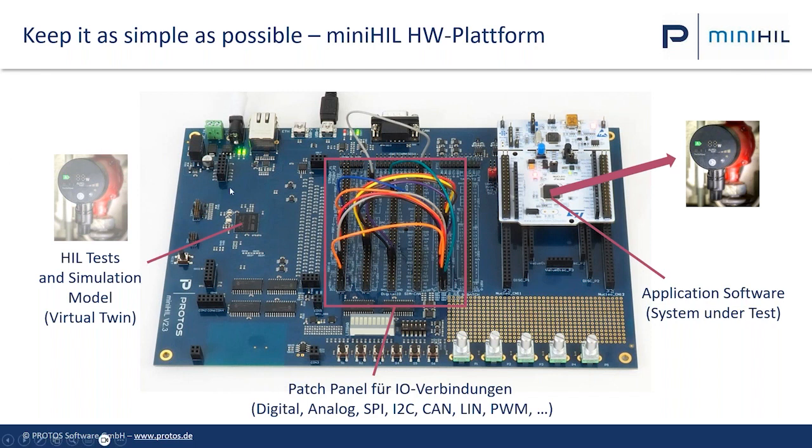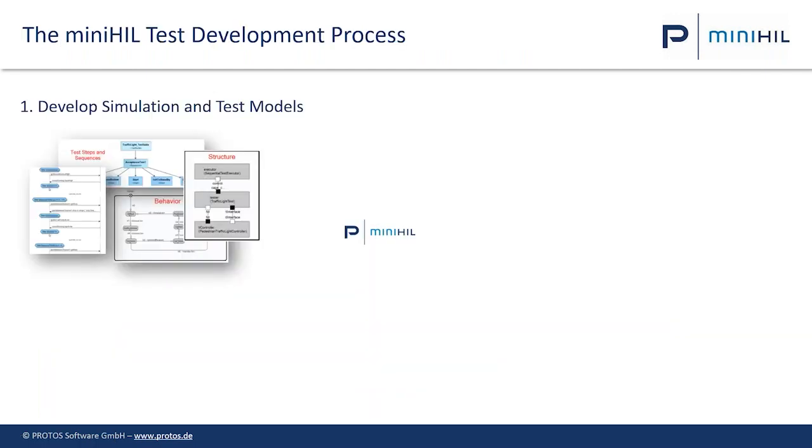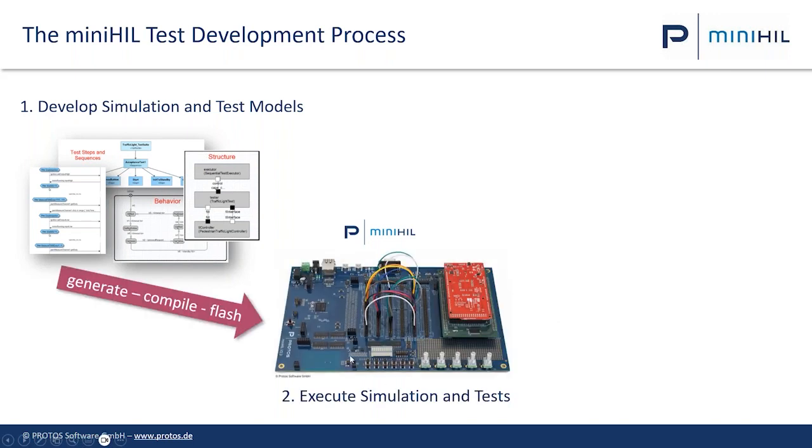And on the left side, we have the test cases and we have the environment simulation. In order to do this on a model basis, we have a development environment where you can describe the test cases as well as the test models as models. From those models, we generate C code, compile it, and flash it to our execution system here. Then we run the simulations and the test cases directly on the board because it needs to be hard real-time.